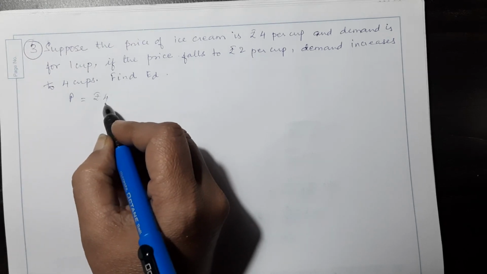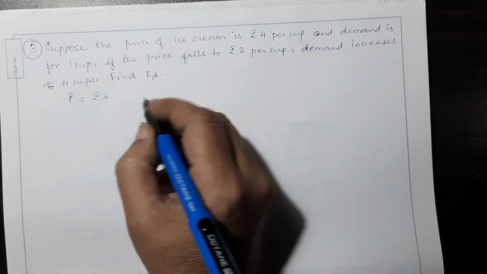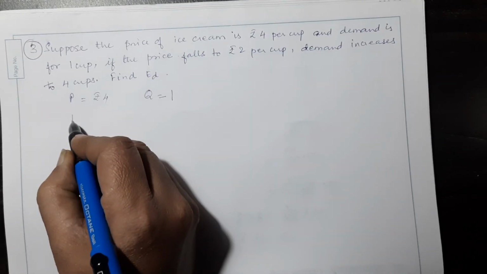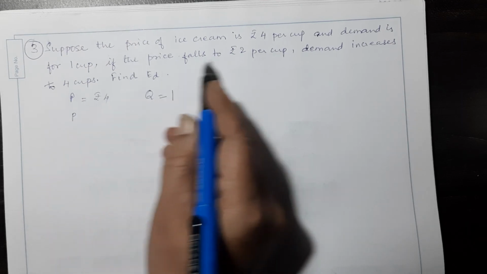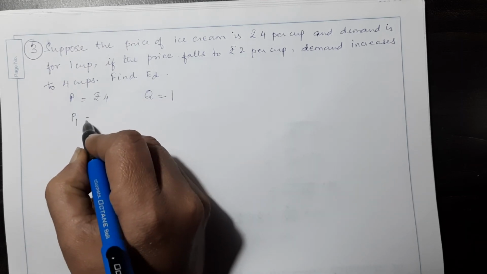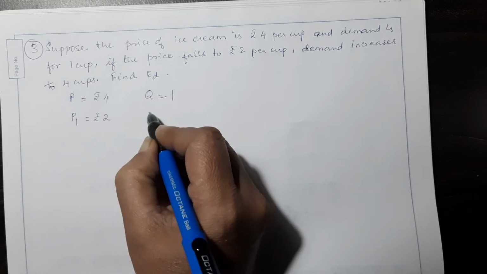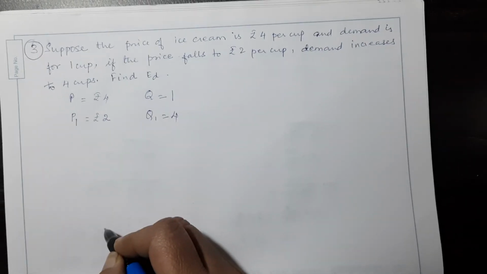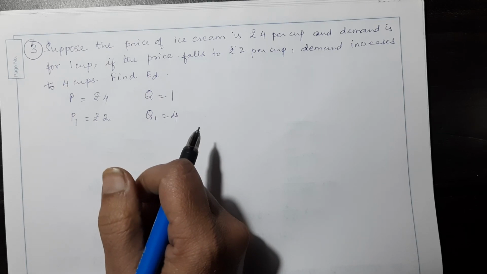Quantity demanded Q is equal to 1. Now when the price falls, P1 is equal to rupees 2, then quantity demanded Q1 is equal to 4 cups.